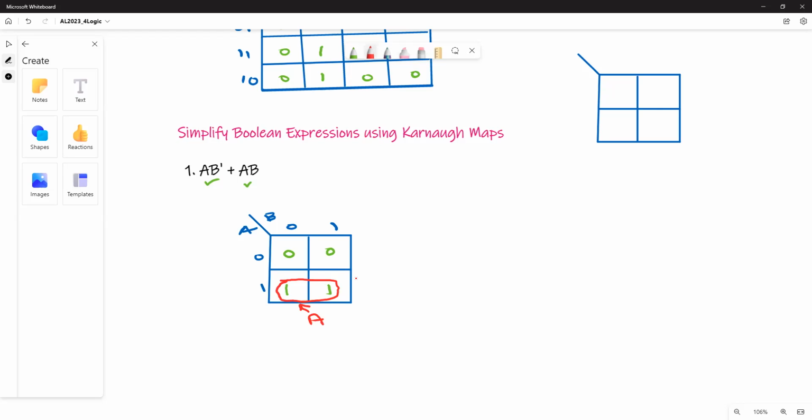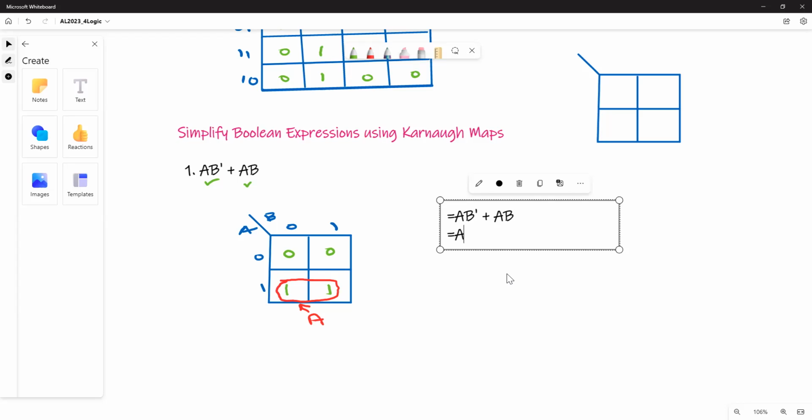Now, if you are wondering how I get this, I can prove it using our previous Boolean laws. Do you remember this? What we have is AB bar plus AB.